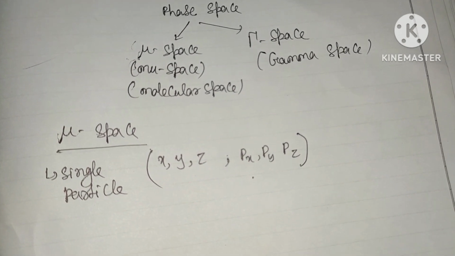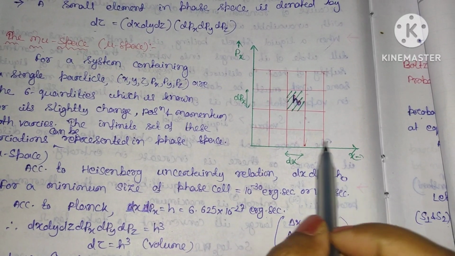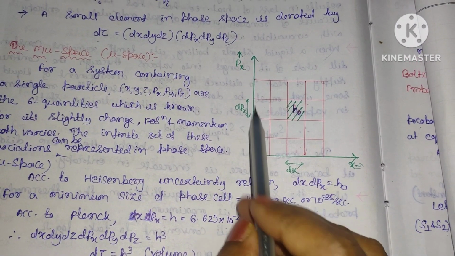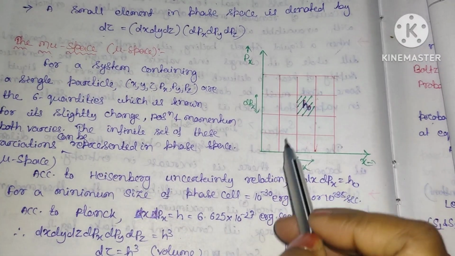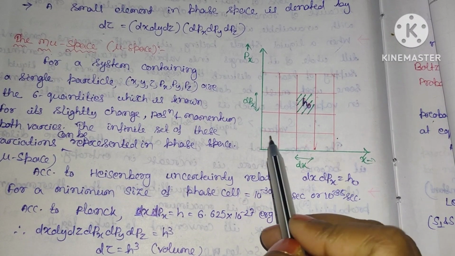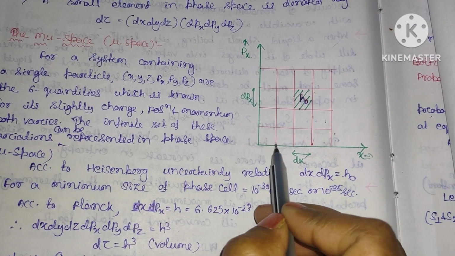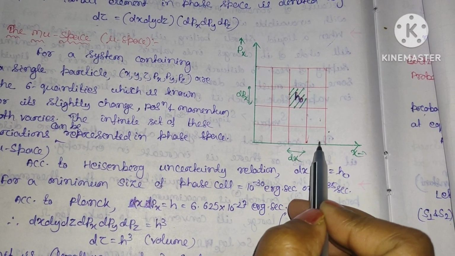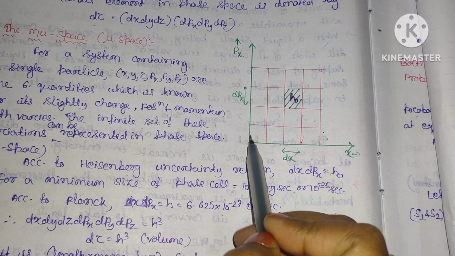Clear? Suppose here this is the x coordinate or position, and here the px or linear momentum coordinate, and each axis has been divided into equal parts. Each cell has width dx along x and dpx along the px direction.